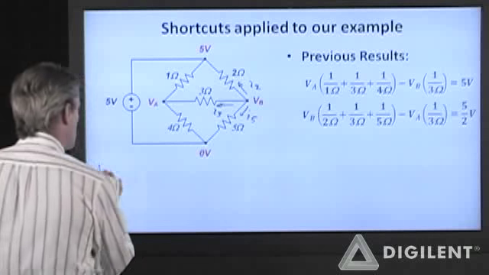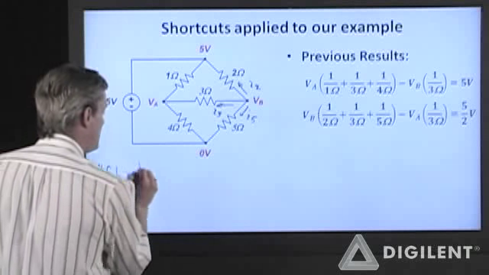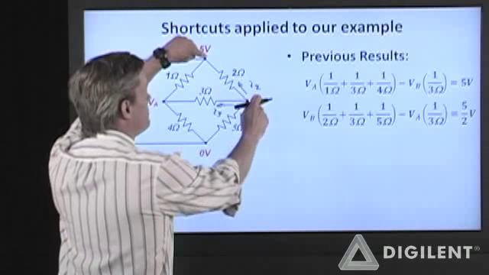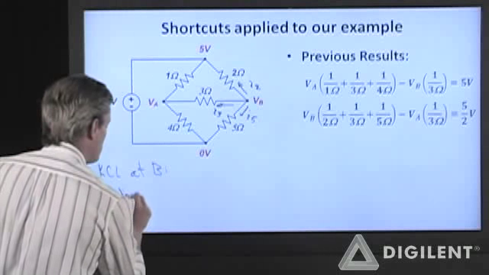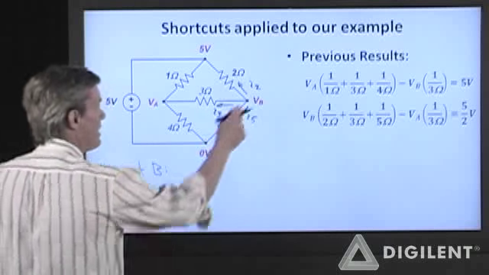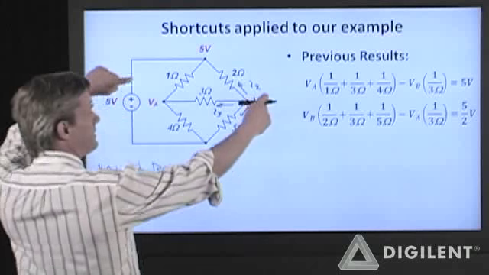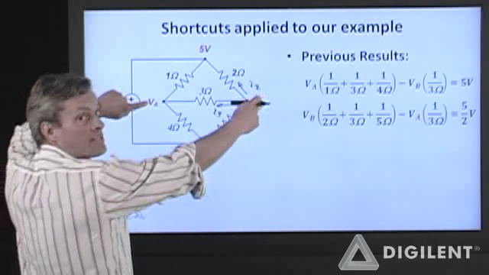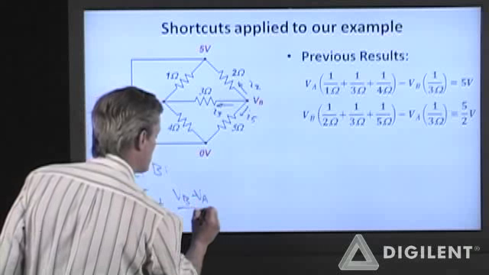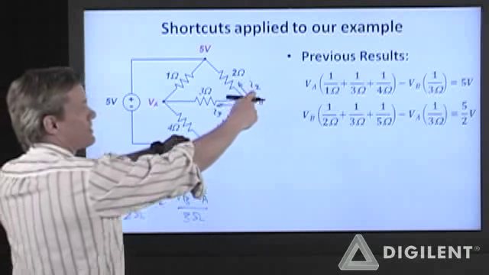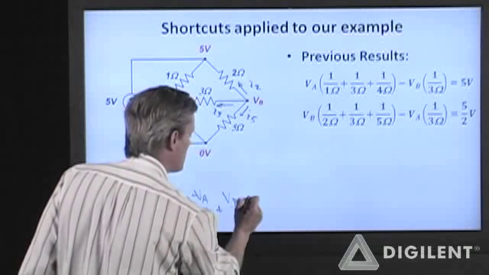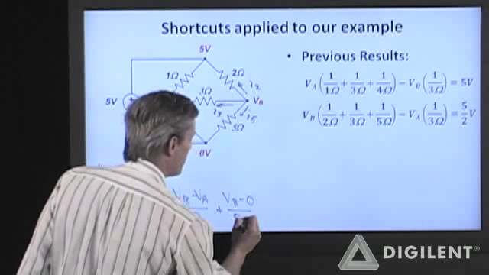So now KCL at B gives me the current I2 is VB minus 5 over 2 ohms plus the current I3 is the difference in voltage, VB minus VA, over 3 ohms, plus the current I5 is VB minus 0 over 5 ohms.